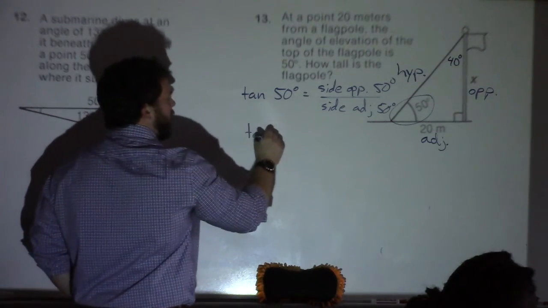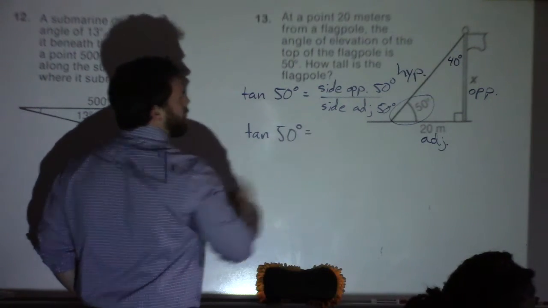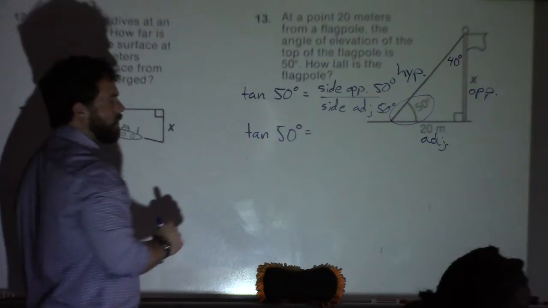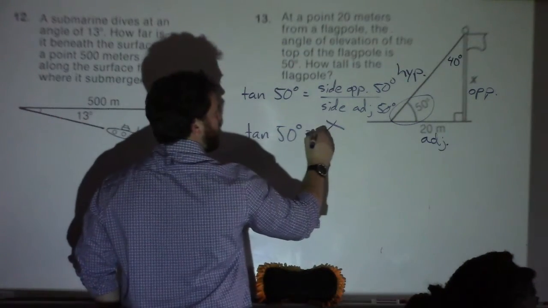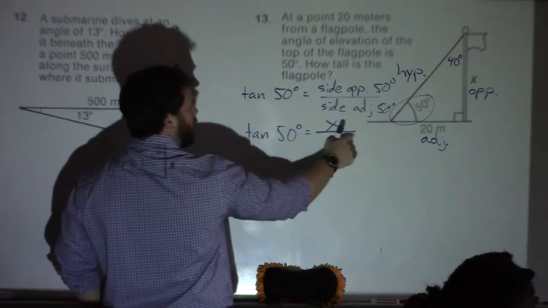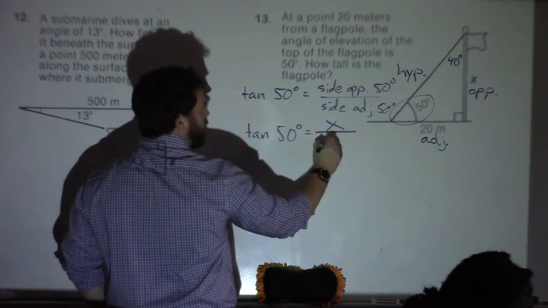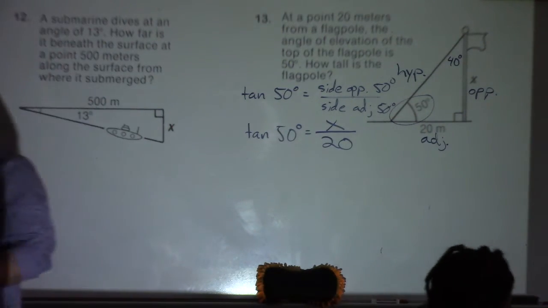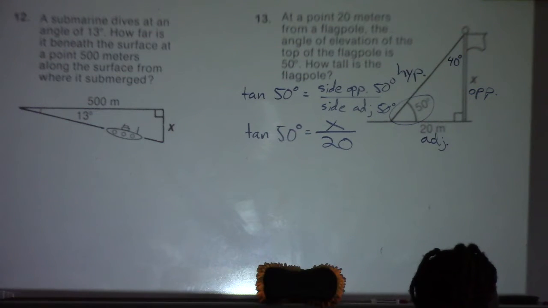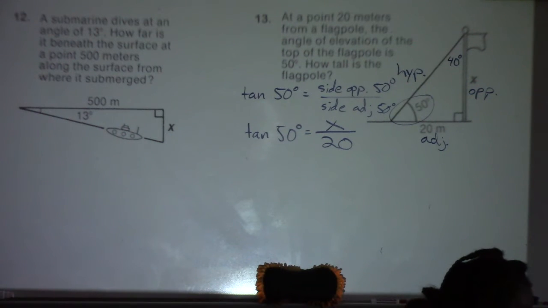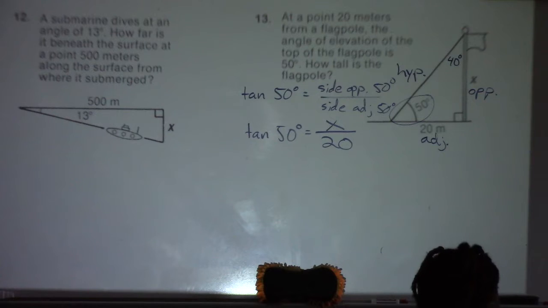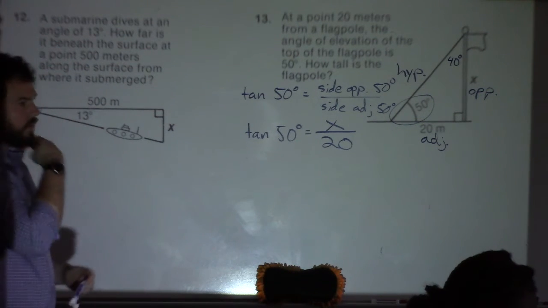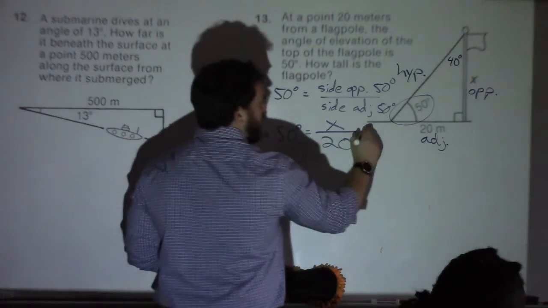So the tangent of 50 degrees is equal to x divided by 20. Do not forget that trig is the tangent, the sine, the cosine of an angle measure. Should always be the tangent of an angle measure. Okay, so now what do I need to do to solve for x? Multiply by 20, right? Yes.